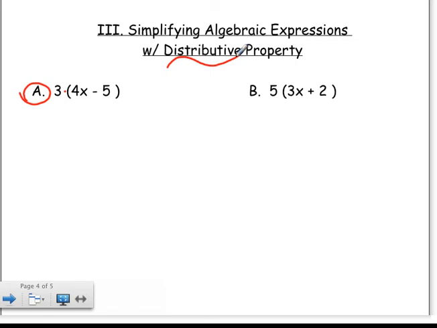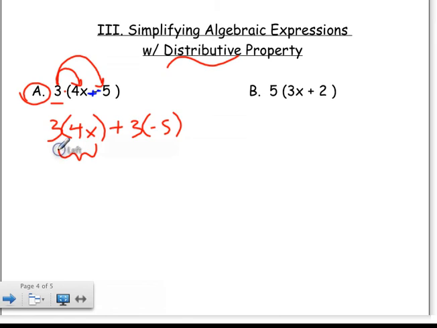I'm still going to multiply the number on the outside, 3, to the two numbers on the inside. I have 3 times 4x. I'll kill subtraction so that I remember this is a negative 5. So it's 4x plus negative 5. And then I'll distribute 3 times negative 5. Now I'm going to multiply these things. 3 times 4x really is 12x.